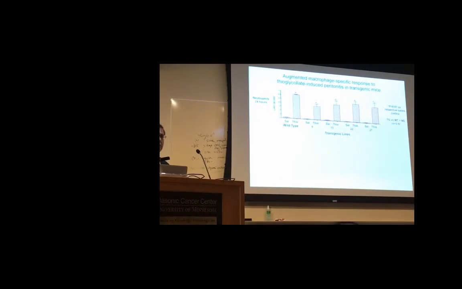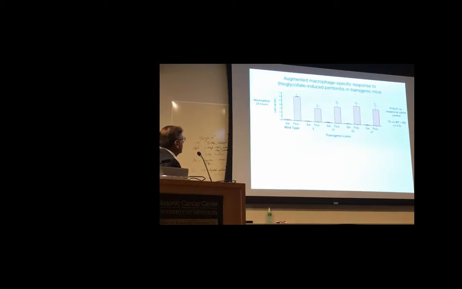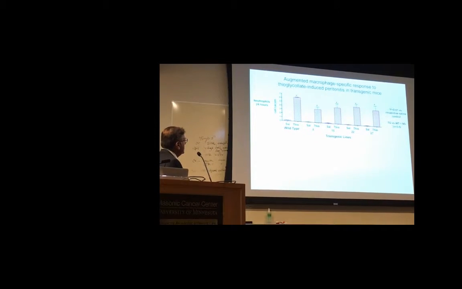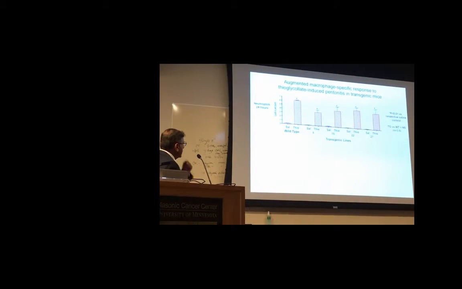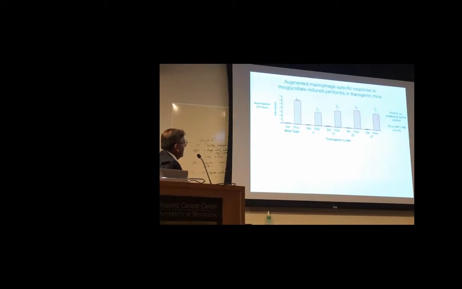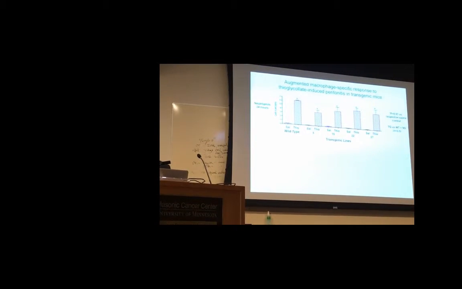So we first looked at neutrophils that appeared at 1 day after the thioglycolate instillation. And in wild type animals, there was a huge influx of neutrophils into the peritoneum. And in fact, this was exactly the same in all the transgenic lines.